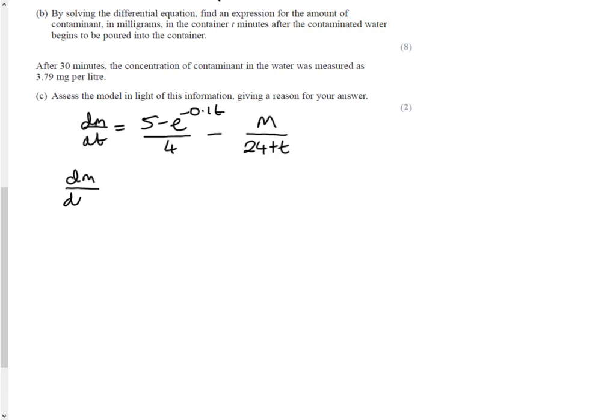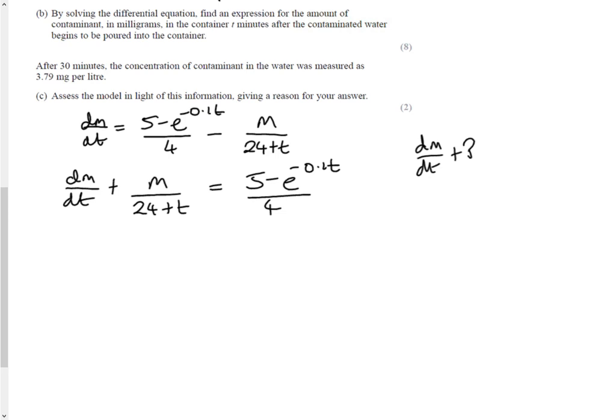Let's put this in a form we know how to solve. Okay, so this is now in the form where we've got dM/dt plus P times M equals Q, where P and Q are functions of t. Okay, so that means it's in a form where we can use an integrating factor.